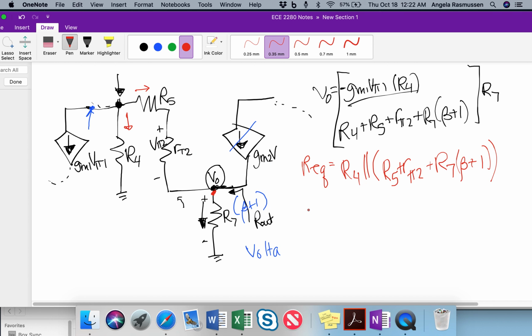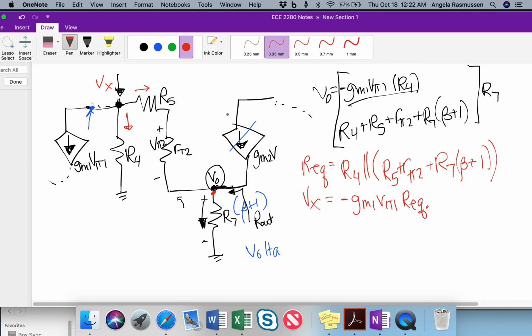And now the voltage we could call Vx would be equal to a minus gm1 V pi 1 times that R equivalent.